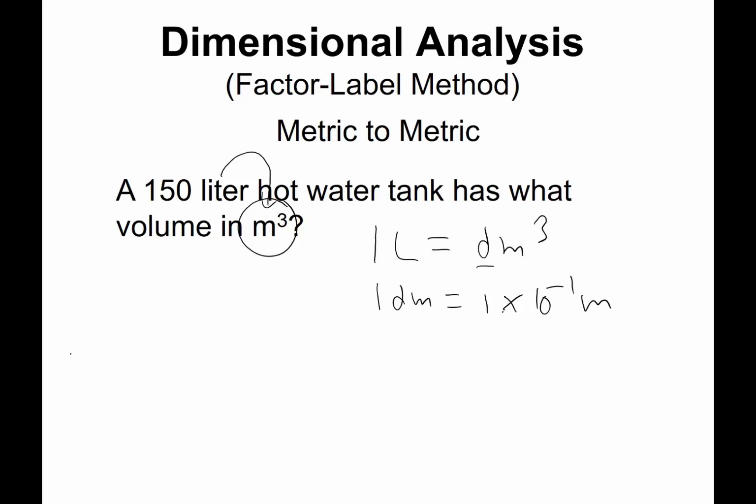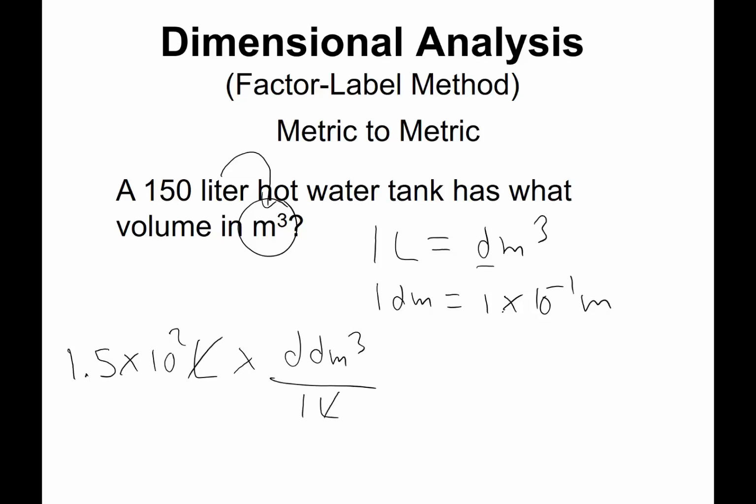Okay, so we start out, and I'm going to go ahead and convert that to scientific notation: 1.5, this way I can drop the 0, times 10 to the 2 liters times 1 decimeter cubed divided by 1 liter.